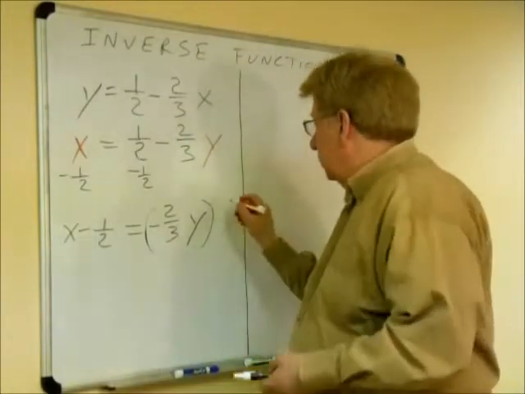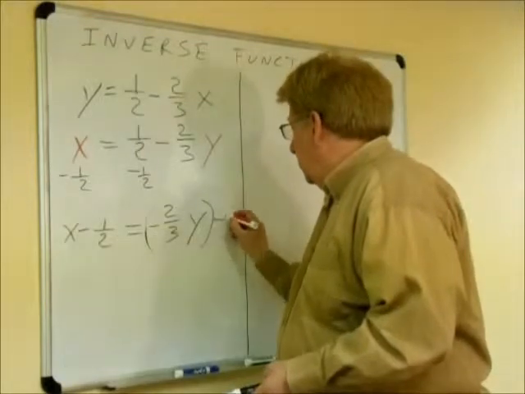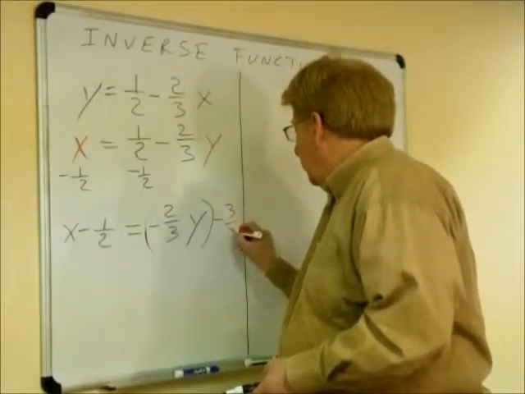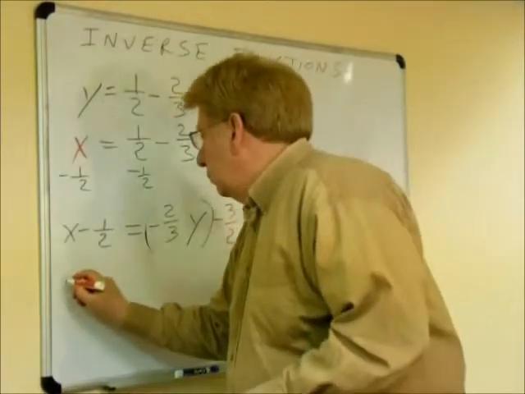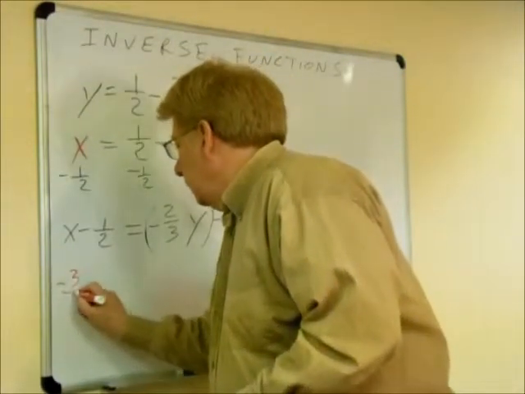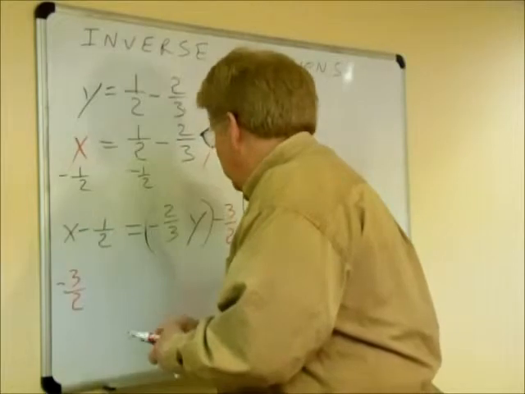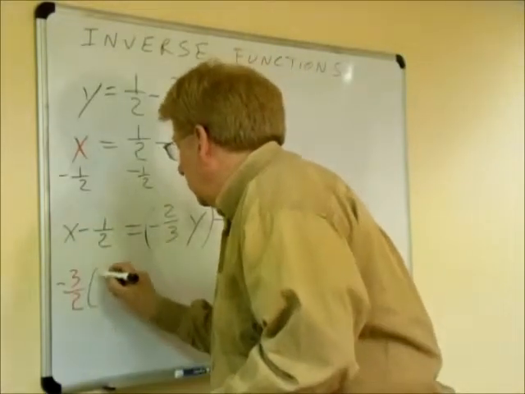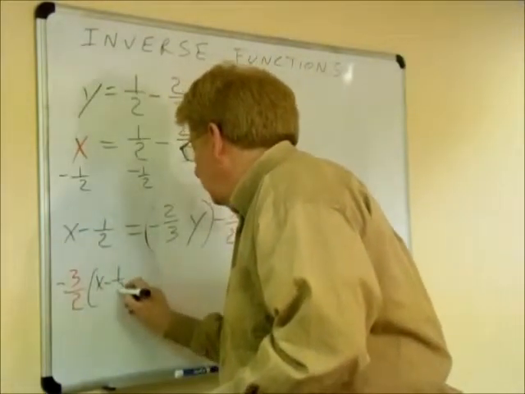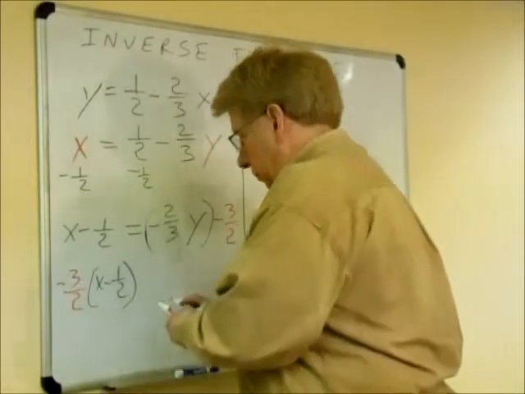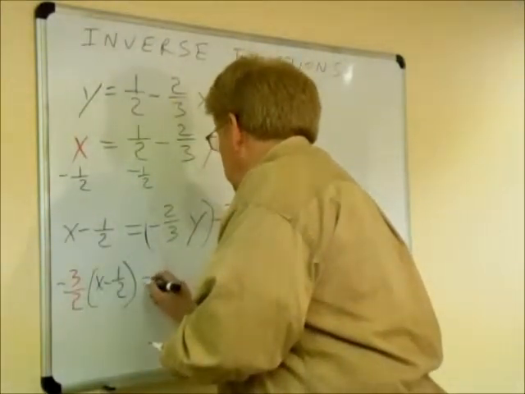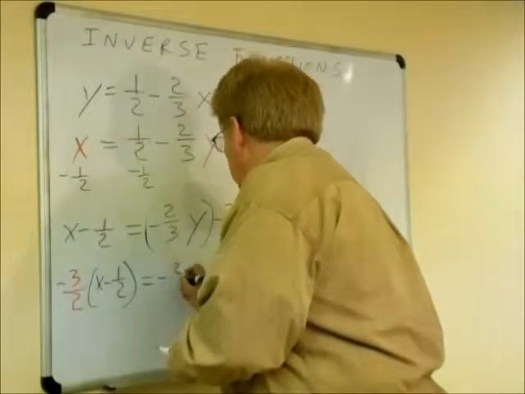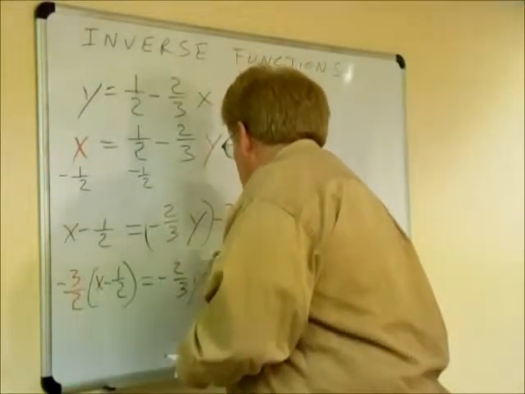I'm going to use its reciprocal, negative 3/2, times that. And if I do it to this side, I have to do it over here too. Minus 3/2 times x minus 1/2. And that equals minus 2/3 y.